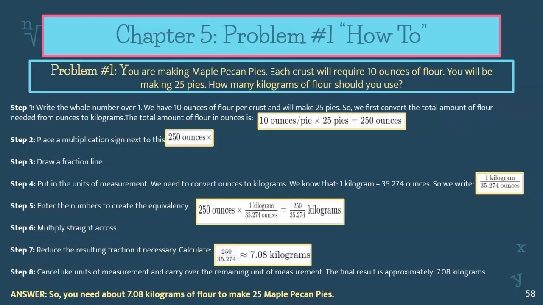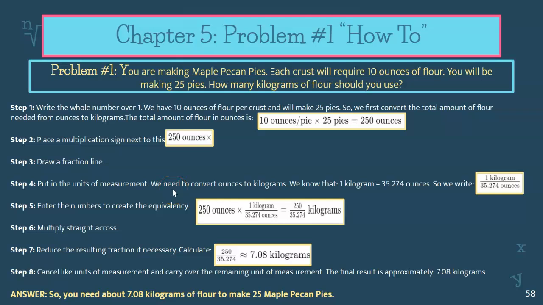Now you're going to set that up using the bridge method to convert to kilograms. So you can see right in step number 2, you'll do 250 over 1. I don't have it drawn over 1 because it's going to cancel out, but you'll draw it over 1. You put your multiplication sign, and then you draw your line. Then you put in the units of measure that we need to convert ounces to kilograms.